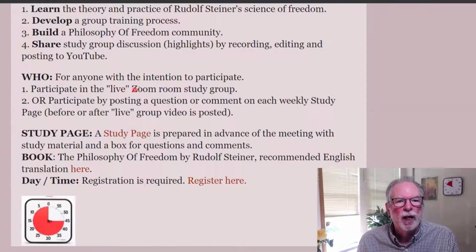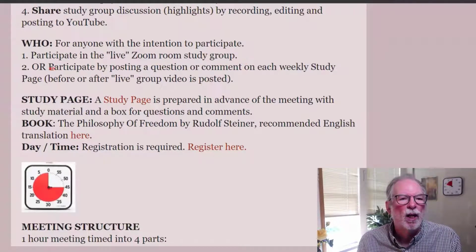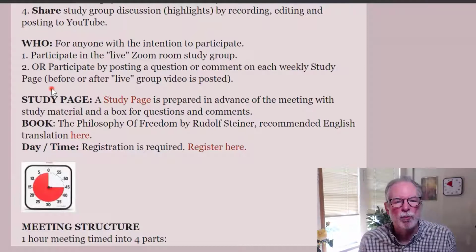For anyone with the intention to participate, the study groups that I'm in are participation groups. There are 2 ways to participate: in the live Zoom room study group, which is what this is, or by posting a question or comment on each weekly study page. We've been going to the study pages, and you can put comments there.